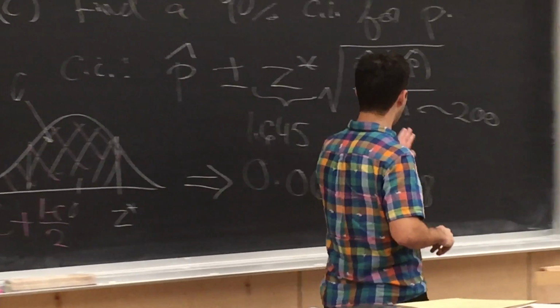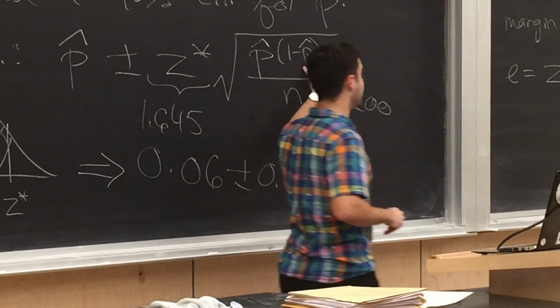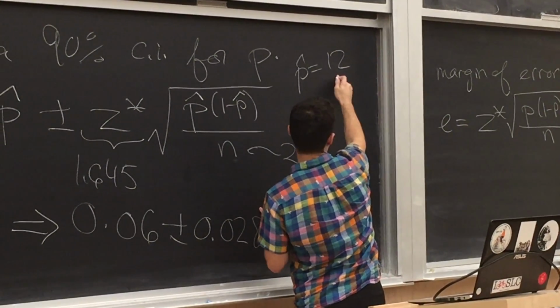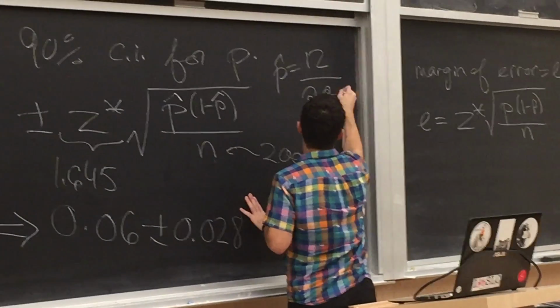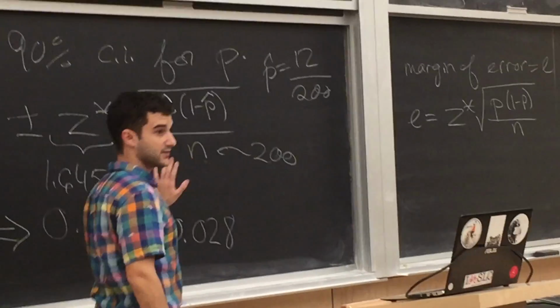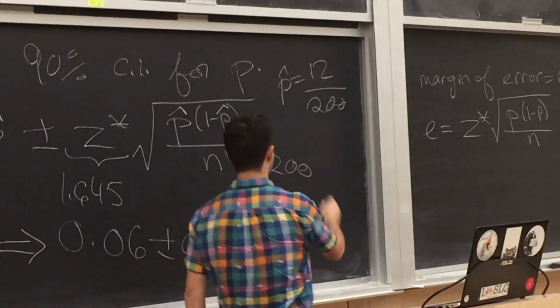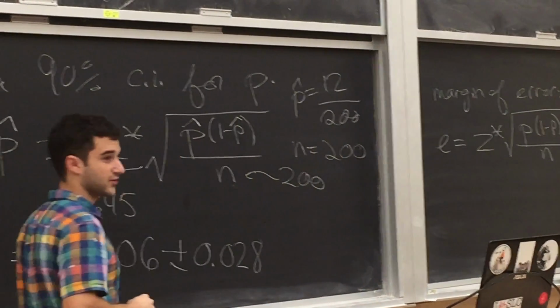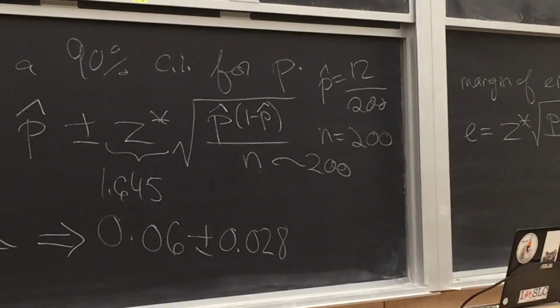You use the 12 to figure out what p hat is. p hat is the number of successes, which is 12, over the sample size. And the sample size n is the same as before, it's still 200. Okay.